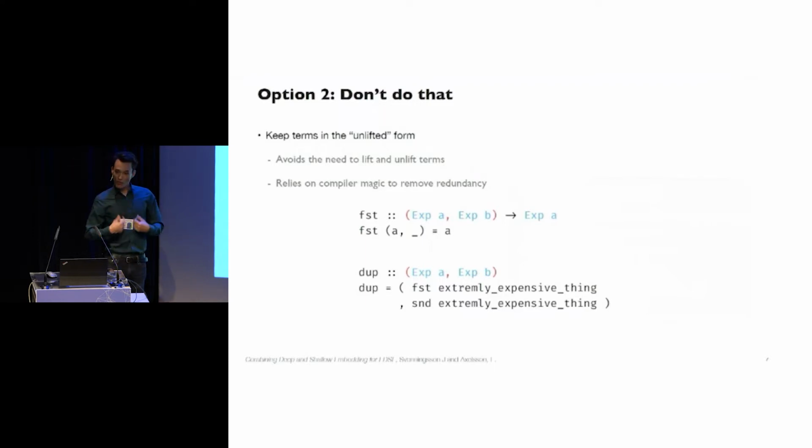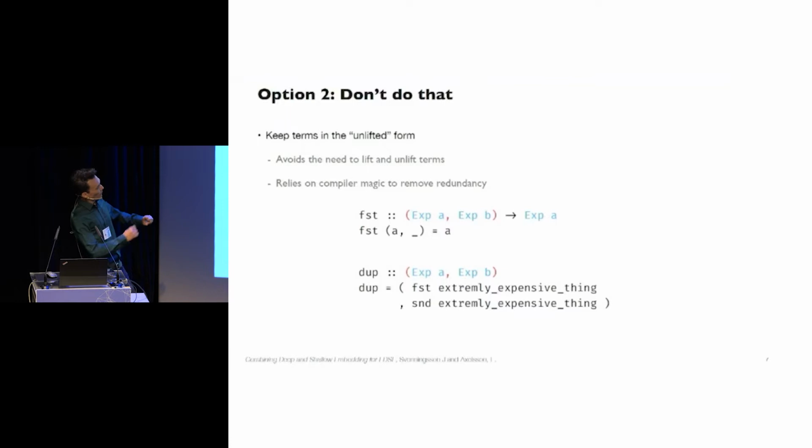And so this avoids this need to lift and unlift terms, like push this constructor through our expression type somehow. And it simplifies some other things, but then it does introduce other problems, right? So it relies on compiler magic to remove some redundancy here.